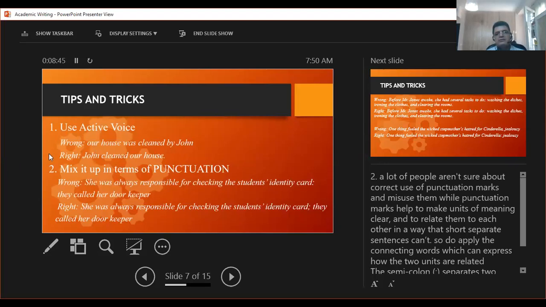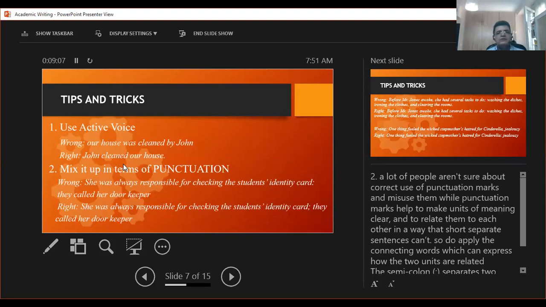For example, our house was cleaned by John. If you write such a sentence in academic writing, actually you will be criticized, or you will be asked to edit your sentence. It should be changed to John cleaned our house, through changing passive voice to active voice.